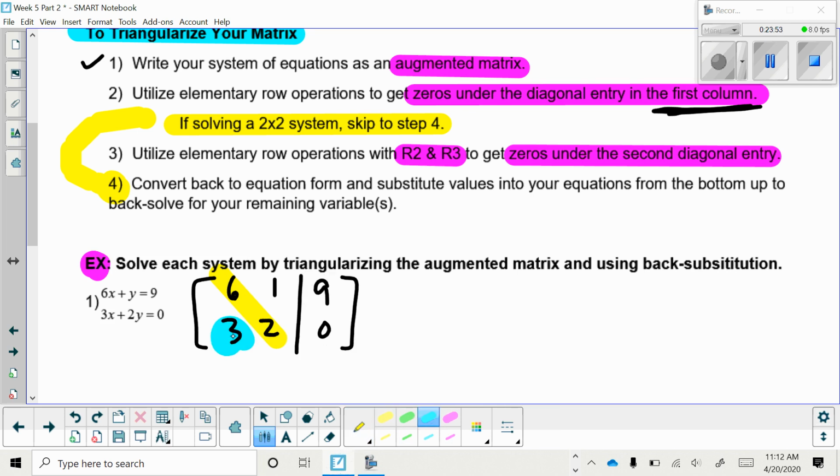It's the only thing under the diagonal because this is a 2x2. So we want to use row operations that get a 0 right there where the 3 is. I can't add them right now. If I added these two things right now, I would have 6 plus 3 is 9. I would have a 9 as my new row 2. So think about what kind of math can I do to get these two things to cancel out.